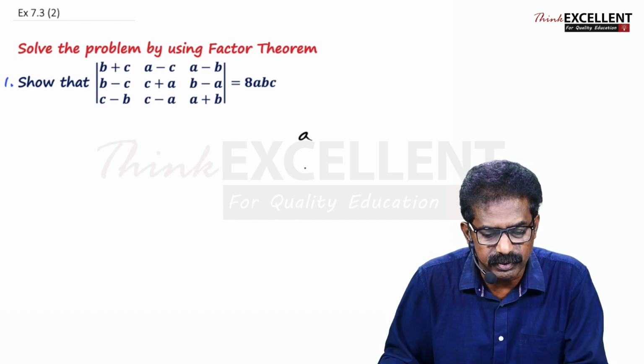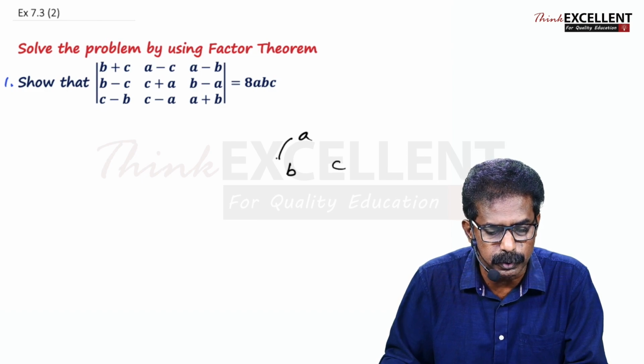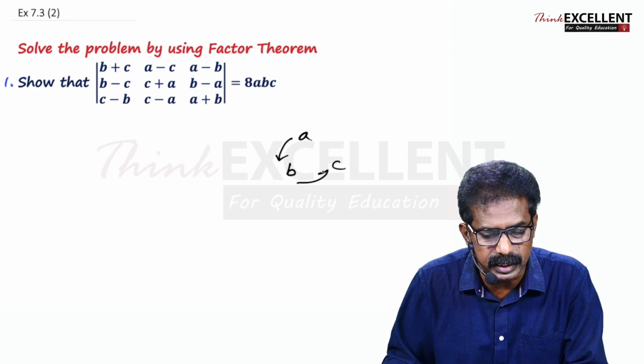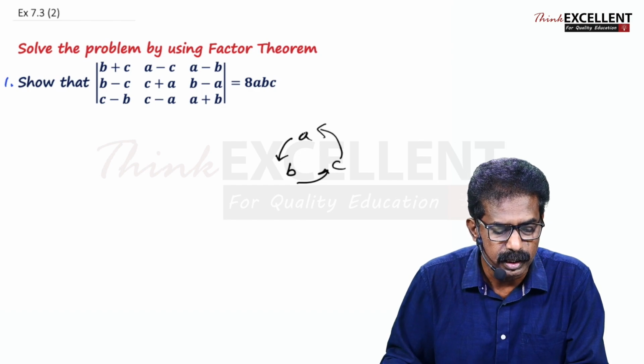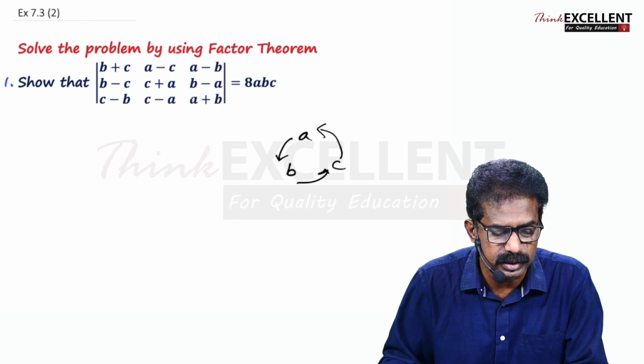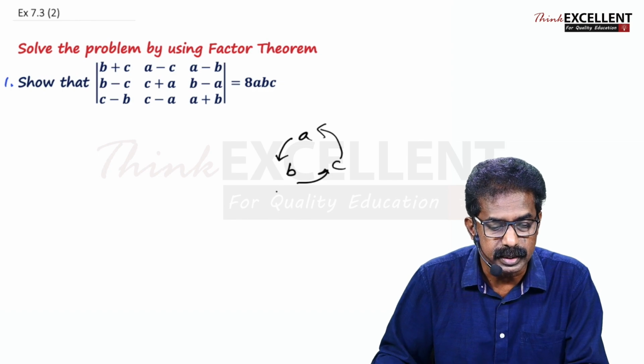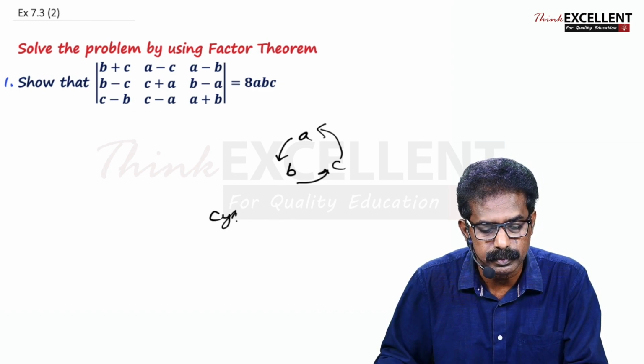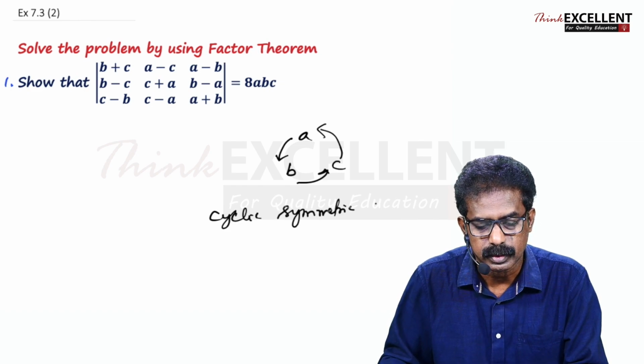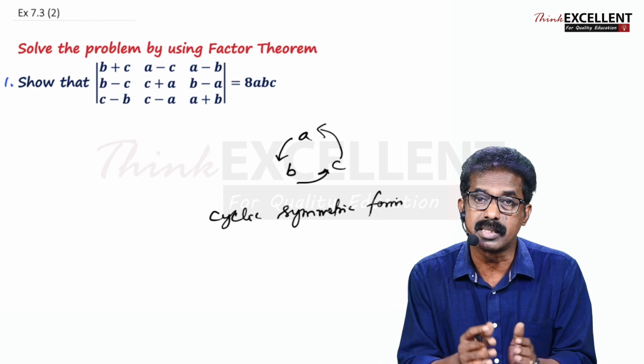But see this question. Suppose instead of a, you put b, instead of b, you put c, and instead of c, you put a. If there is no change, then we call this type of determinant a cyclic symmetric form.